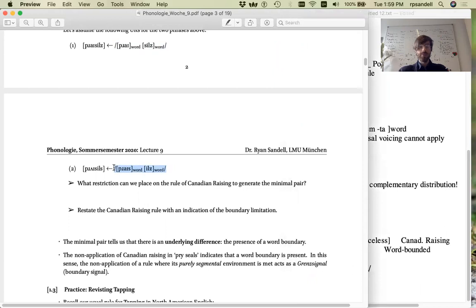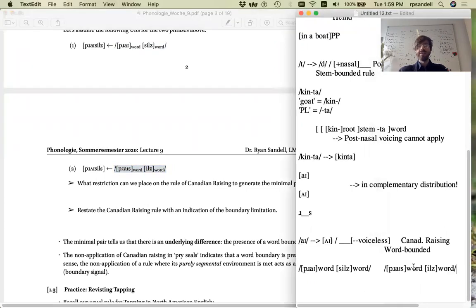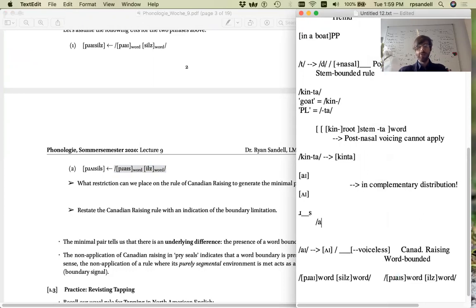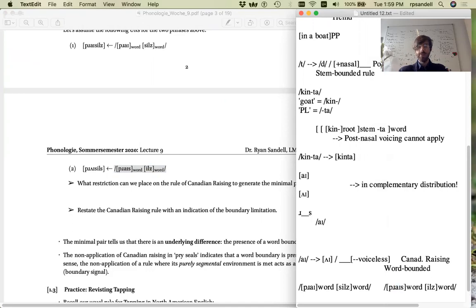And let's take the input "price eels". So following our phonemic analysis, where we have only underlying [aɪ] with two allophones, [aɪ] and [ʌɪ], the allophone [ʌɪ] being generated in this context, preceding voiceless sounds.